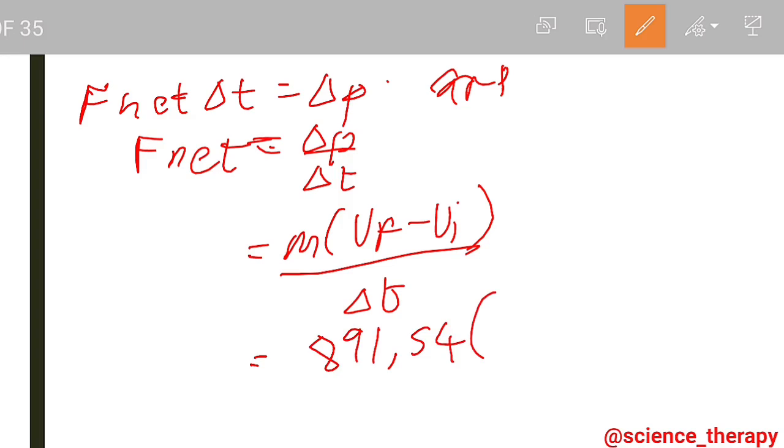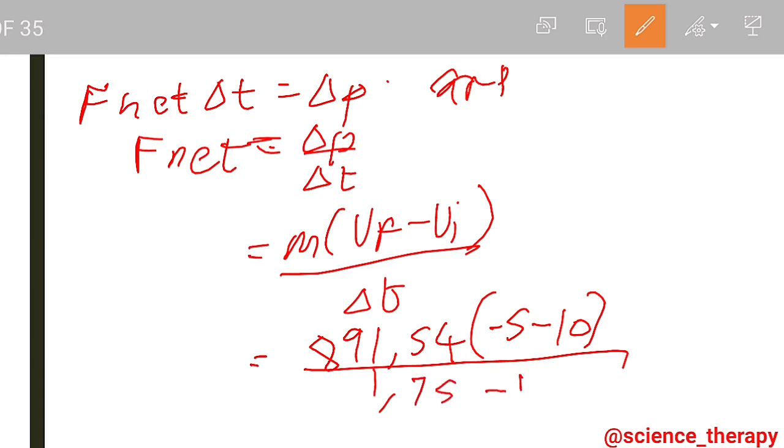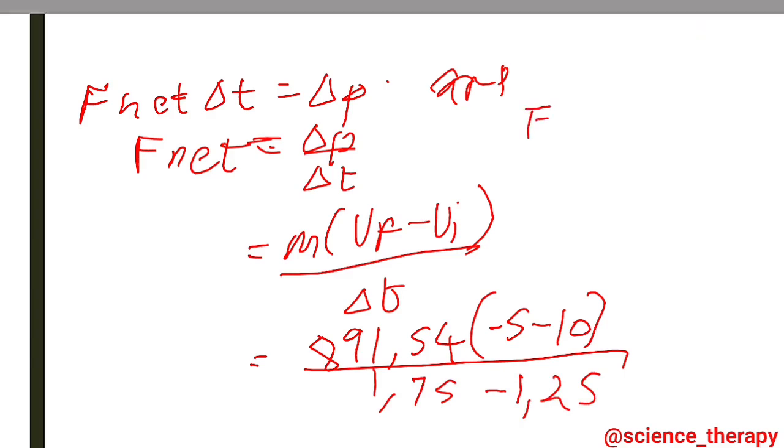Then the velocity finally of car P is -5, and the velocity initially is 10, right? So we have -10. And then the change in time, remember I said the collision is happening between 1.75 and 1.25. So you have 1.75 minus 1.25.